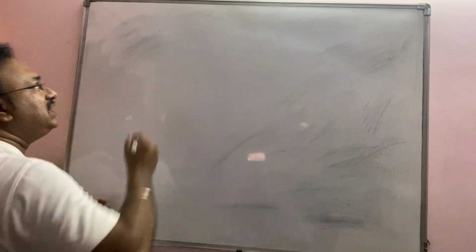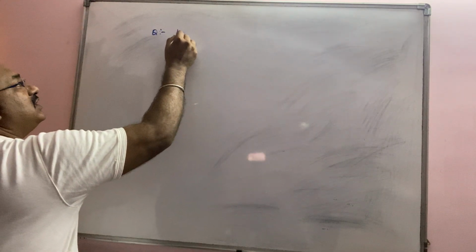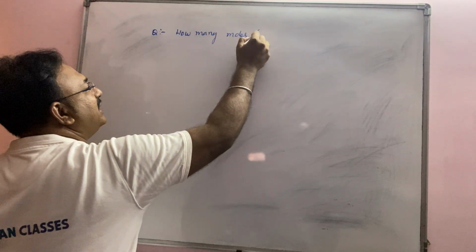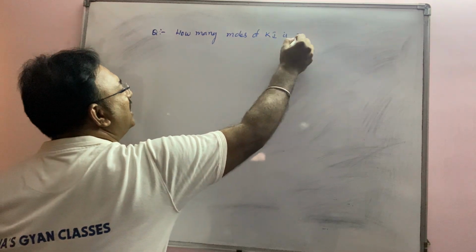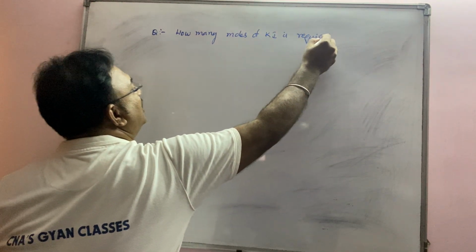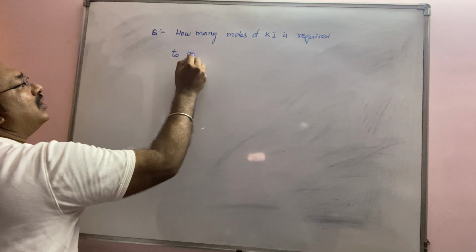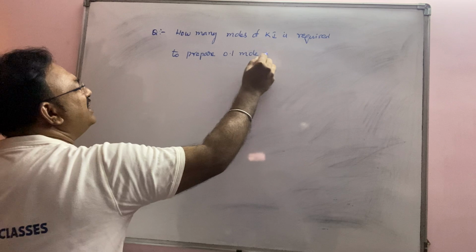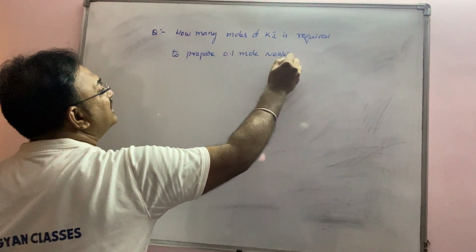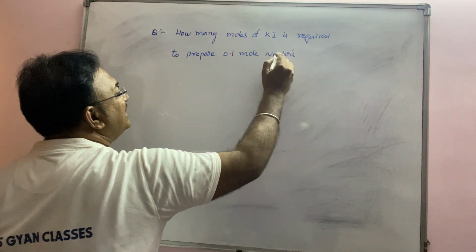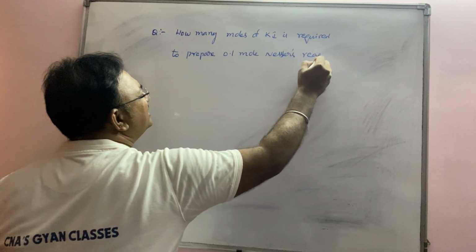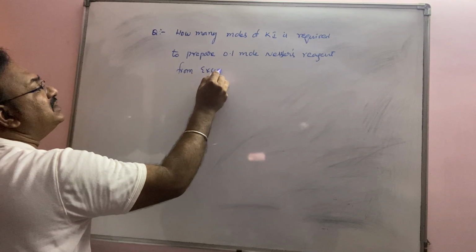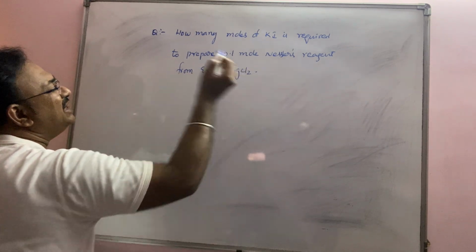See, the next question: how many moles of KI is required to prepare 0.1 molar Nessler's reagent from excess mercury chloride, HgCl2?